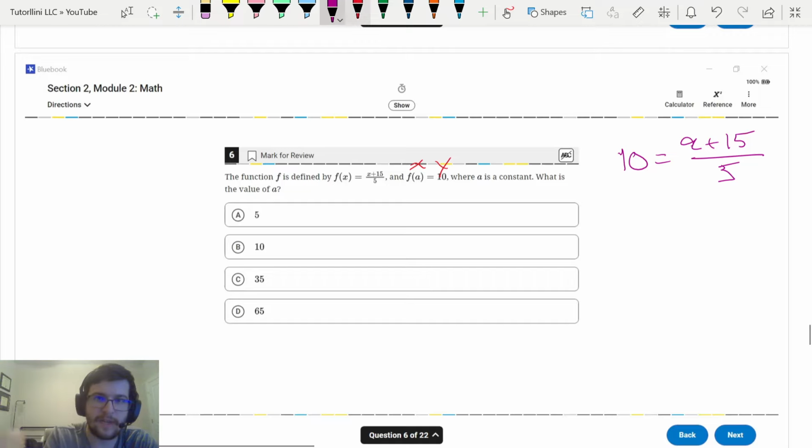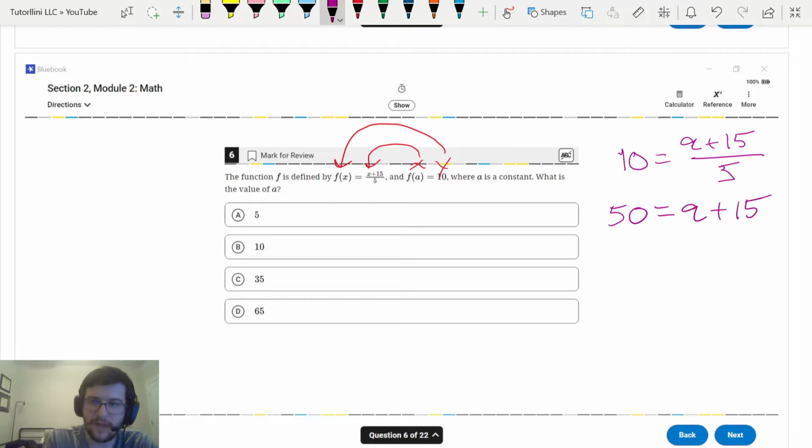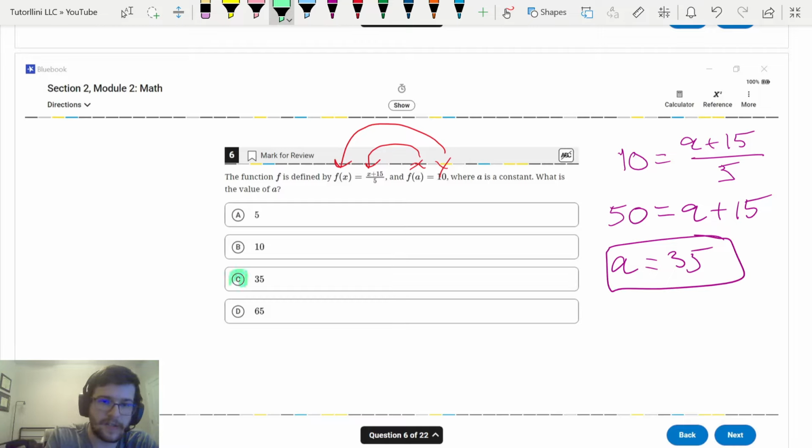Okay, so that's where we got that from. So y goes here and then x goes here. And then multiply by 5, 50 equals A plus 15. And then subtract 15 and we get A equals 35. And that is the answer, so we get C.